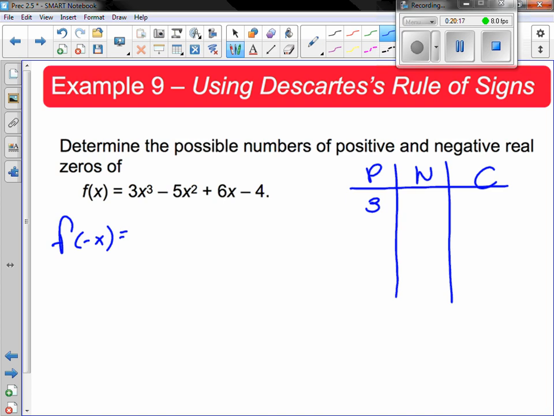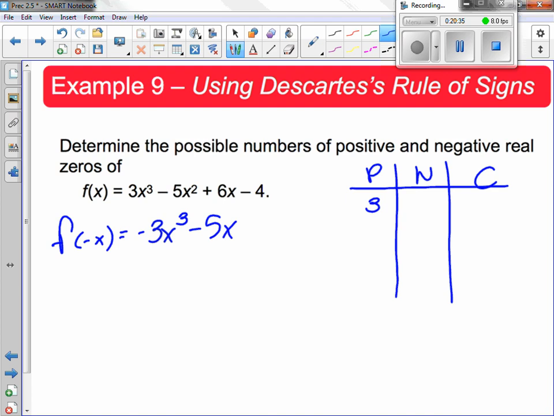Because if we multiply a negative number by itself an odd number of times, it's negative. If it's multiplied an even number of times, it's positive. So for 3x cubed, the sign would change. Here, because it's even, it would stay the same. Because it's odd, it would change. We don't do anything to -4. And I'll write that out here in a minute.